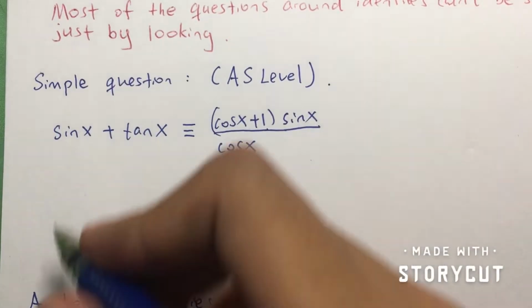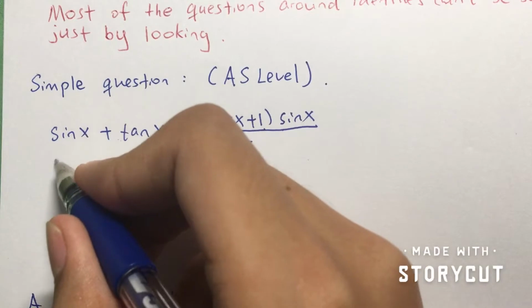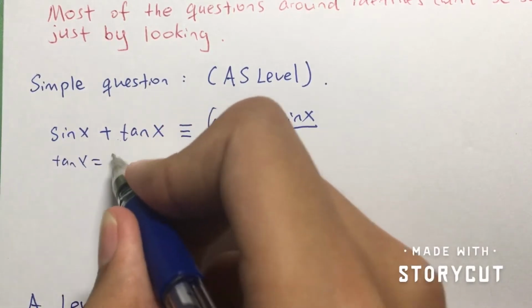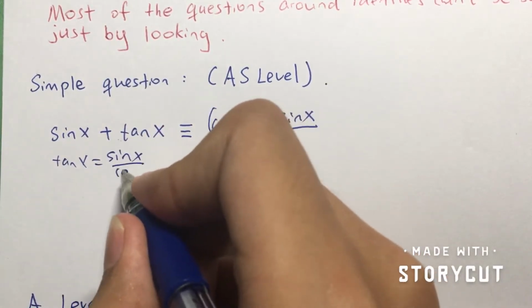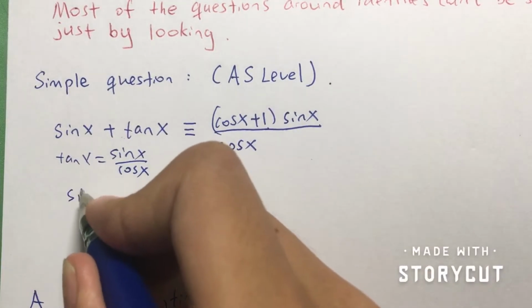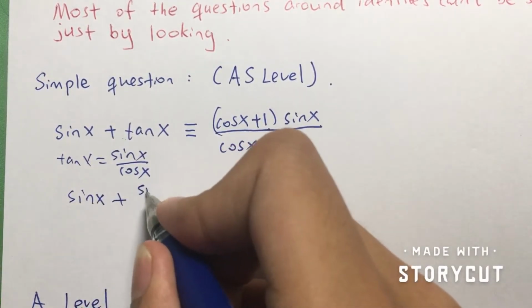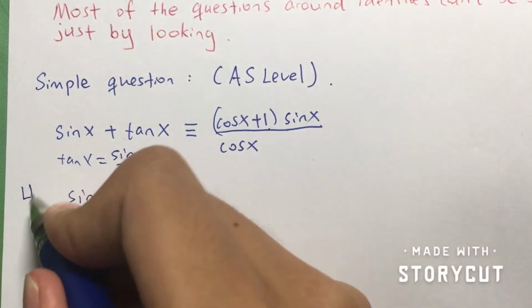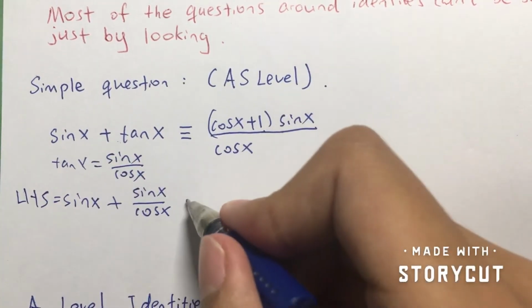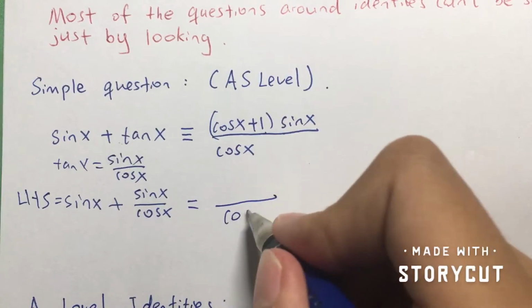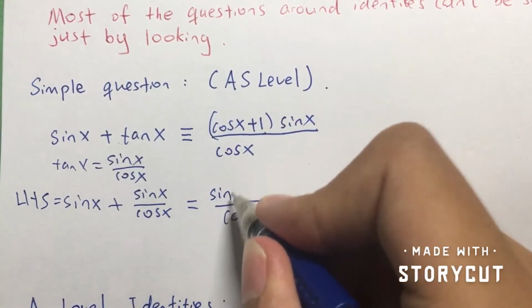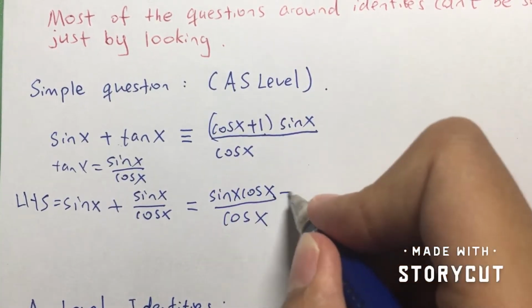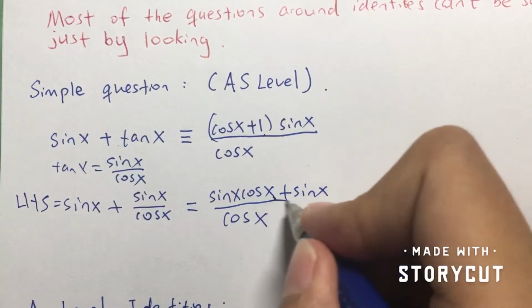Because we know that tangent x is equal to sine x over cosine x, this means sine x plus sine x over cosine x. So the left hand side equals this, and that is equal to cosine x sine x plus sine x over cosine x.